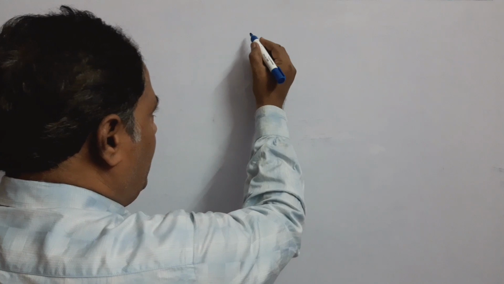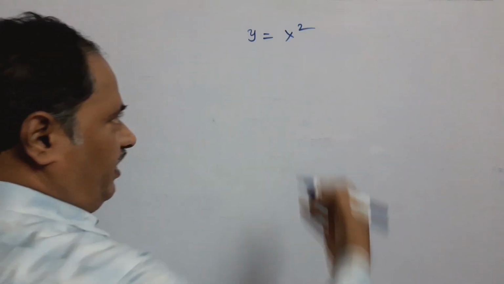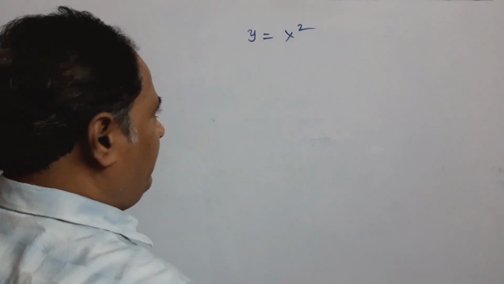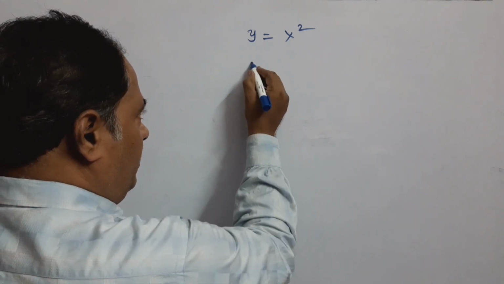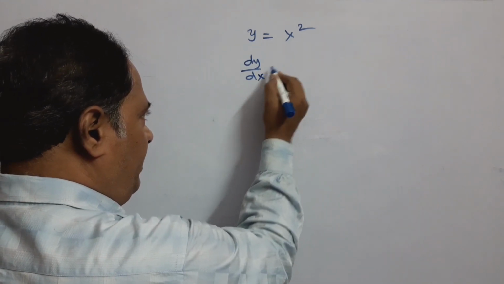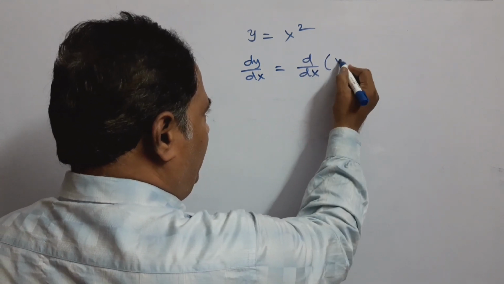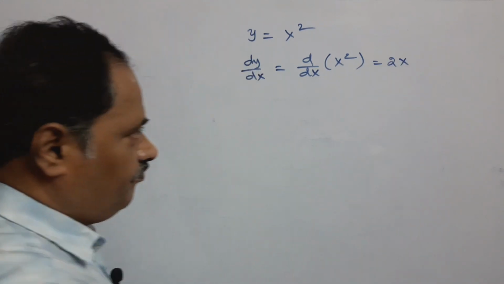For example, in the previous one, I said y equals a simple one, x square. Here I want to differentiate y equals x square with respect to x. That means dy by dx is equal to d by dx of x square. Here you can simply write 2x.